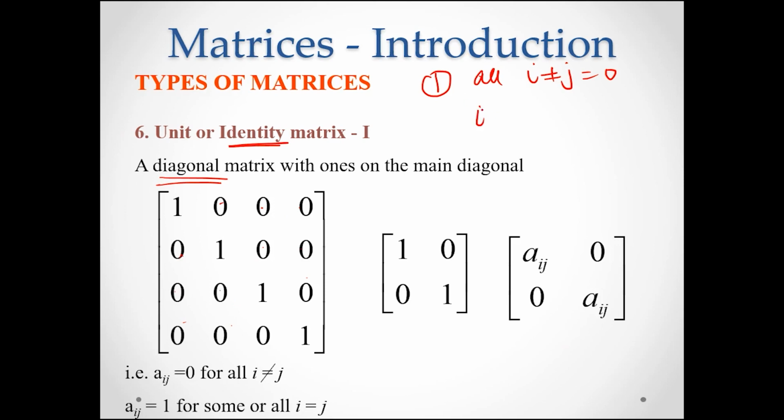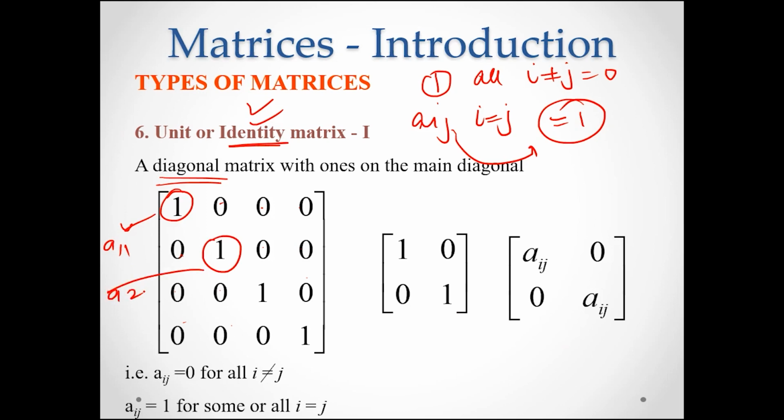But for i equal to j, the value has to be equal to 1, right? The aij has to be equal to 1. This is your unit or the identity matrix. So if I take this position, this is a11, this is a22, this is a33, this is a44.